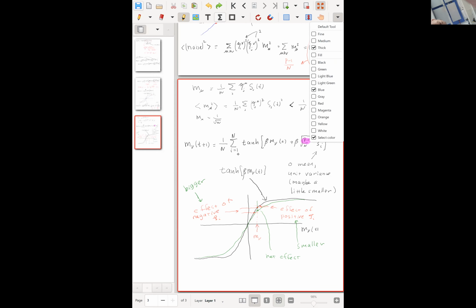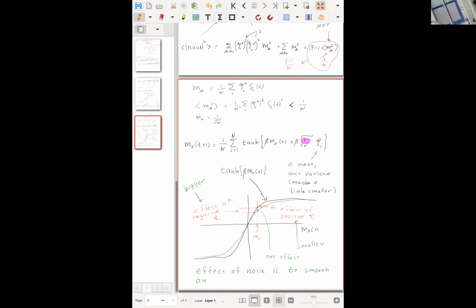So the effective noise is to smooth out gain functions.